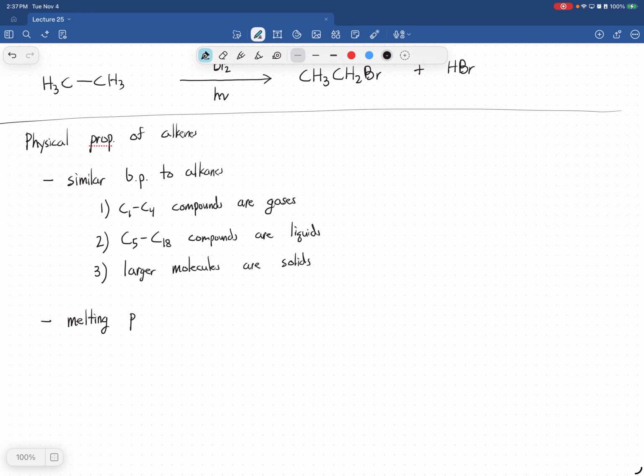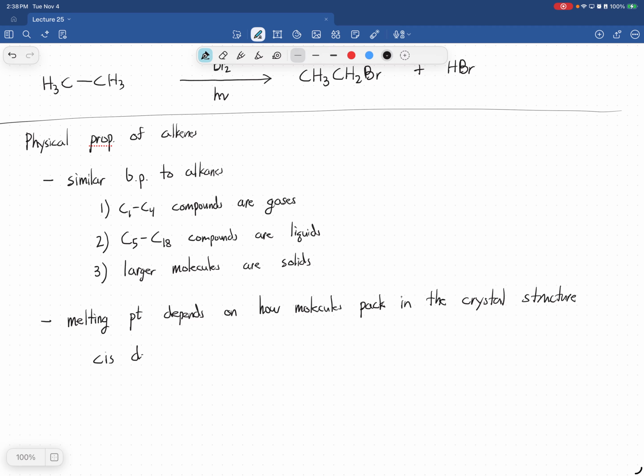So the melting point depends on how molecules pack in the solid or crystal structure. In the crystal structure, all right, so think about a cis double bond.